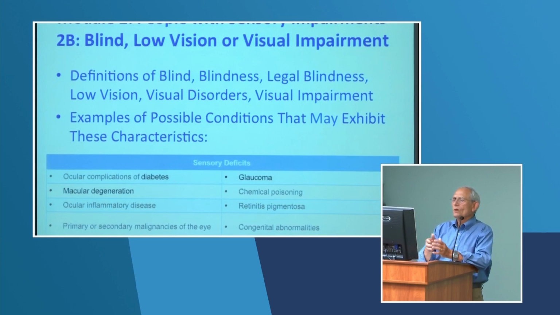Now, people with other sensory impairments, blind, low vision, or visual impairment. Blind theoretically means the inability to see dark and light in either eye.